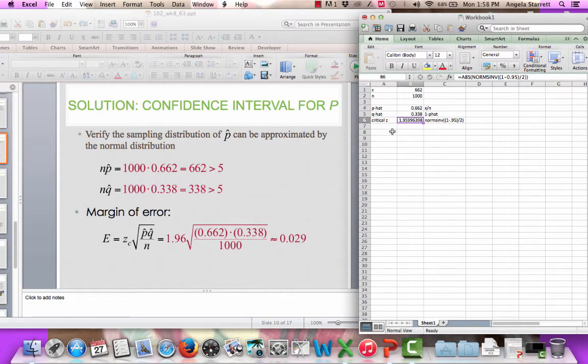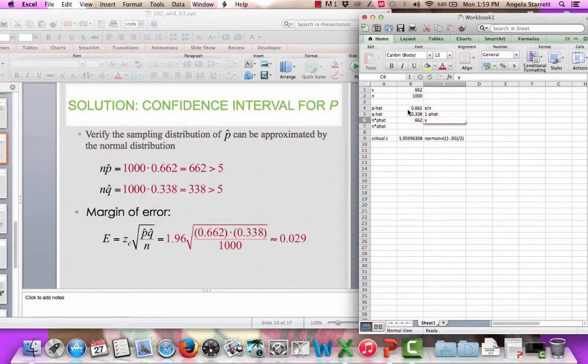Can we approximate our distribution with a normal distribution? So I need n times p hat and n times q hat, and I need to get a number bigger than 5. So n times p hat, that's 1,000 times my p hat.